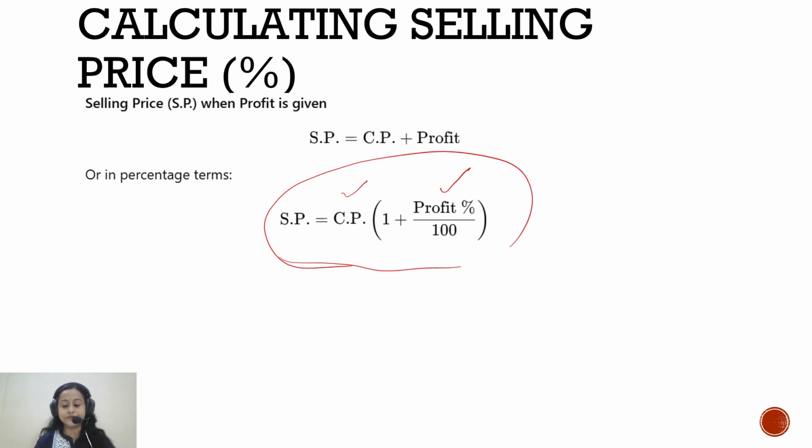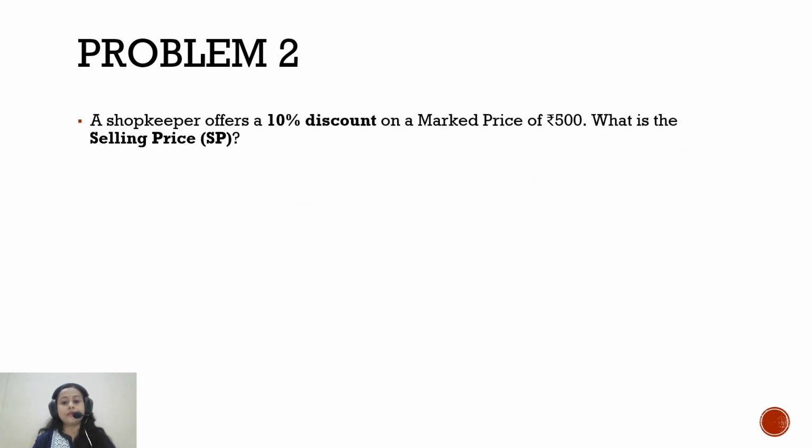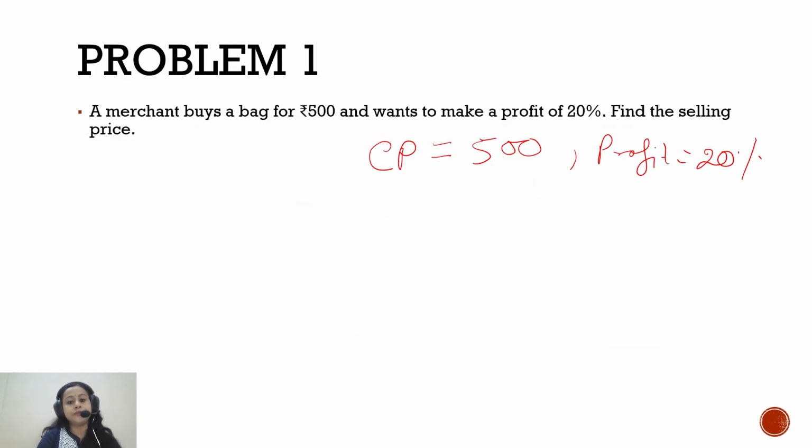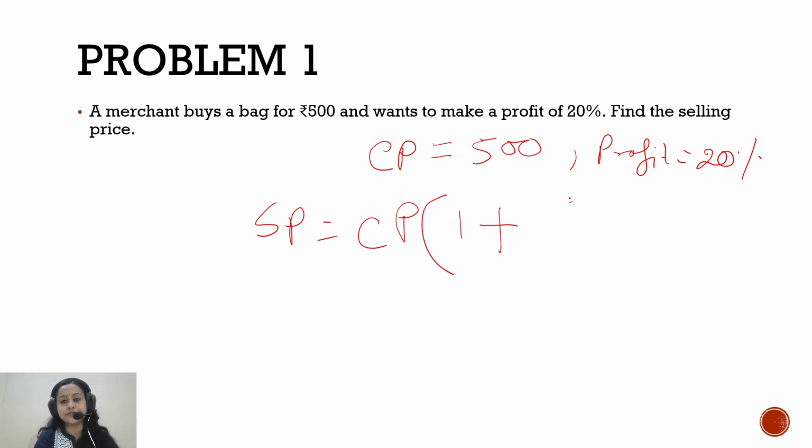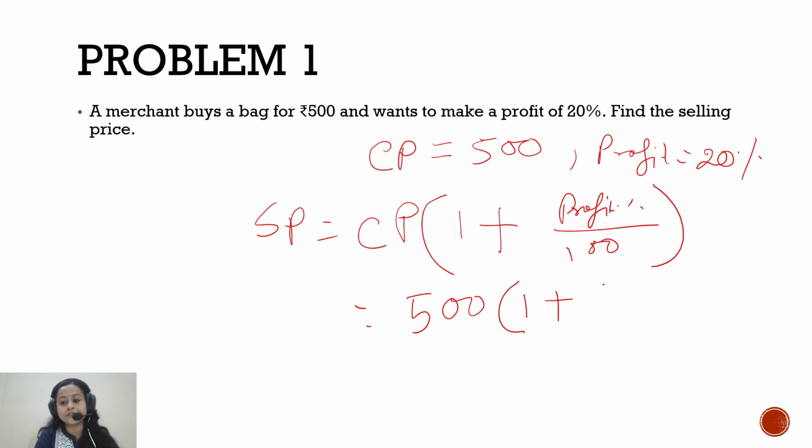So let us apply this formula, right? Selling price will be cost price into 1 plus profit percentage by 100, and we will just substitute the values. So 500 into 1 plus 20 by 100.